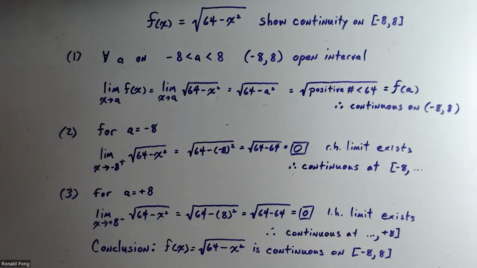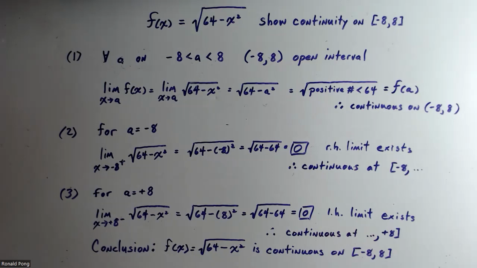That's the square root of 0, and that's simply 0. But 0 is a real number. Therefore, we can conclude that the right-hand limit exists and that this function is continuous on the closed interval on the left-hand side of -8.